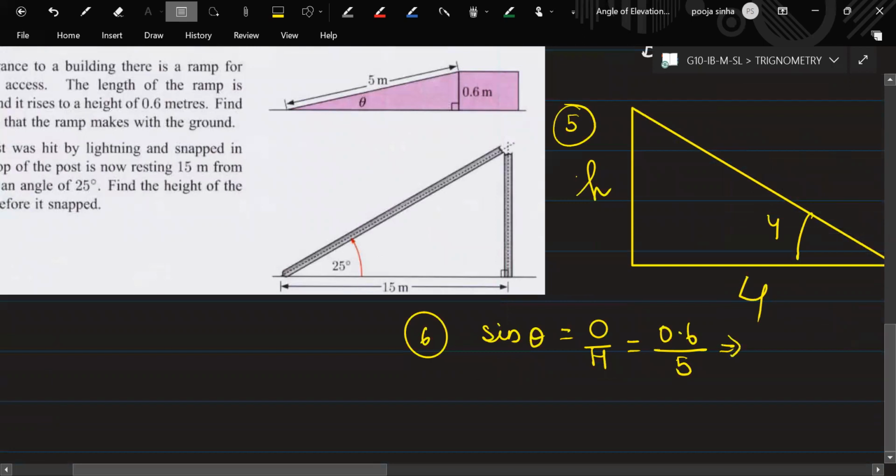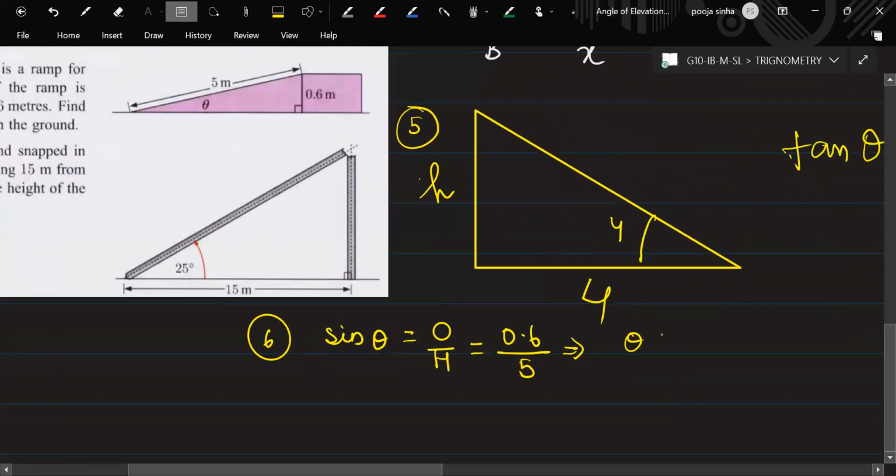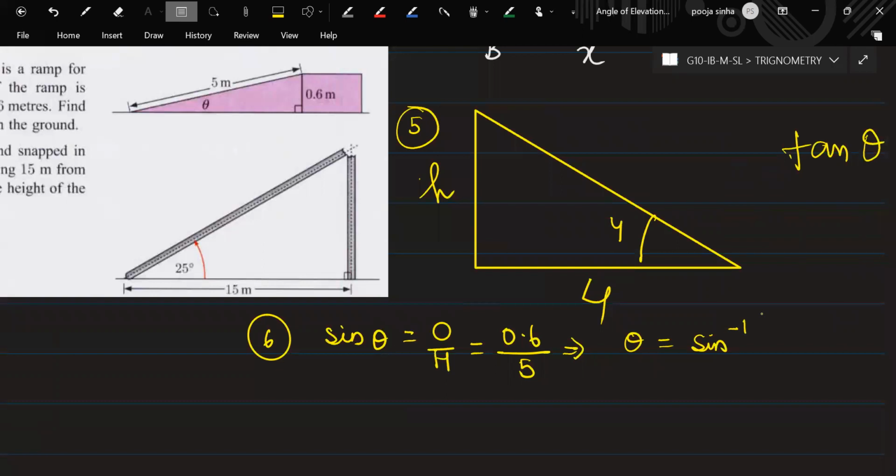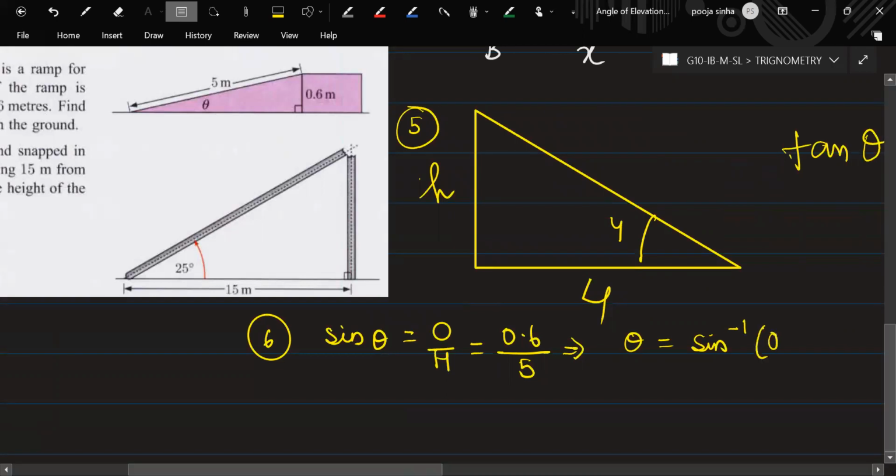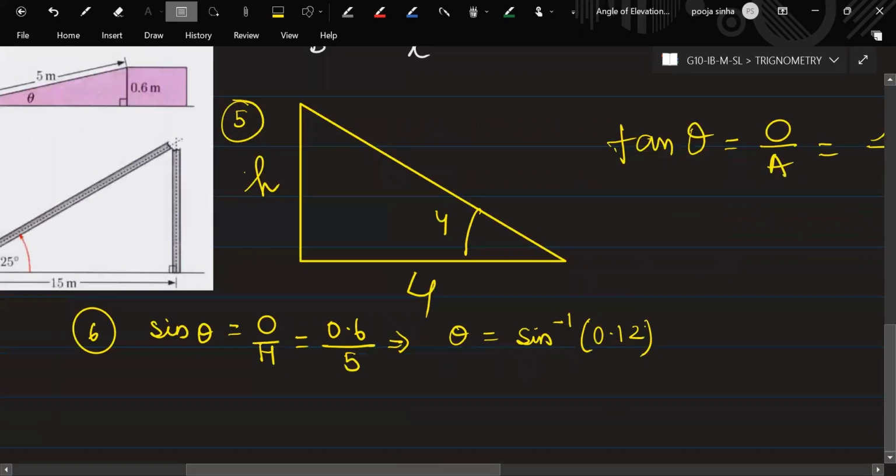So from here, theta would be sin inverse. Very good. 0.6 divided by 5 is 0.12, right? So theta would be how much?